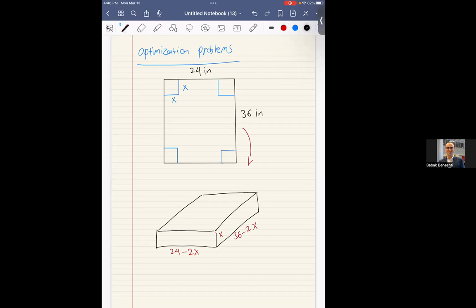The top is open, but that's okay. The top of the box is open. But what is the volume of this box? The volume V is just x times 24 minus 2x times 36 minus 2x, right?